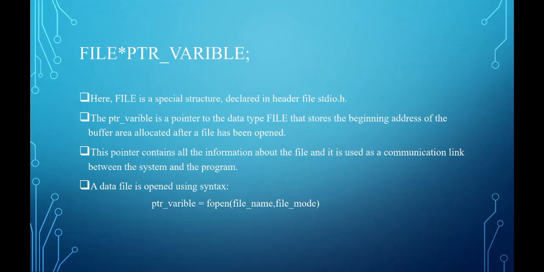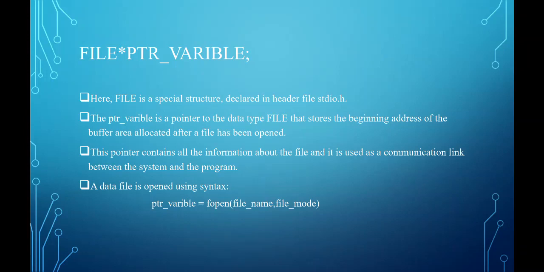After a file opens, the ptr variable holds the beginning address of the buffer area, and this pointer contains all information about the file, and it is used to communicate the link between the system and the program.